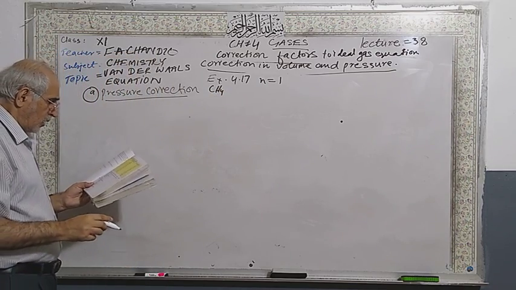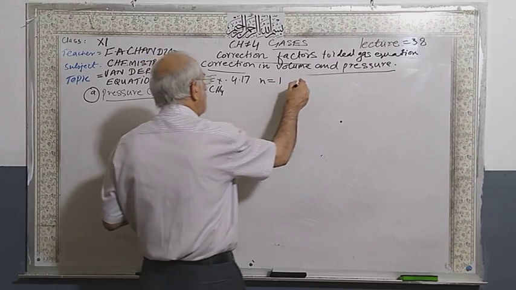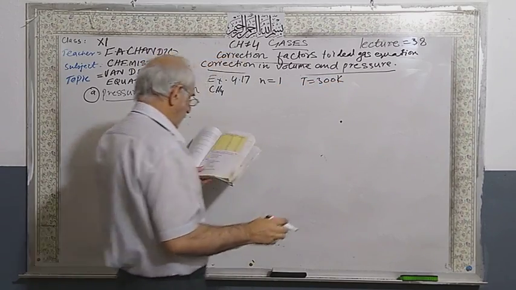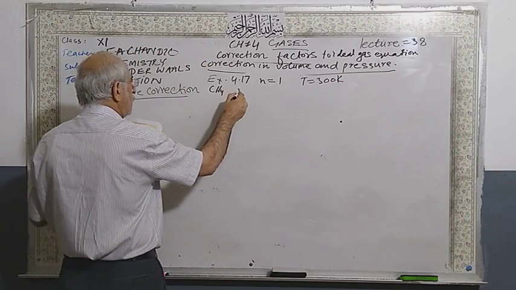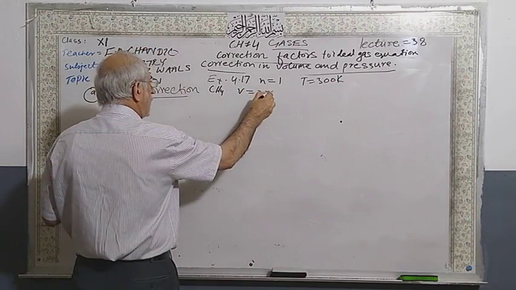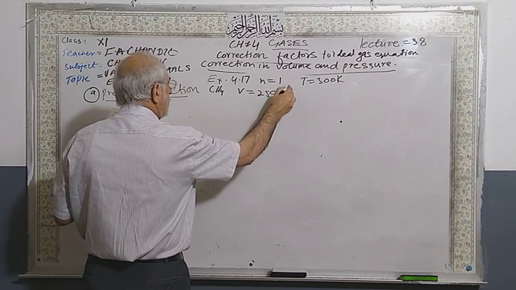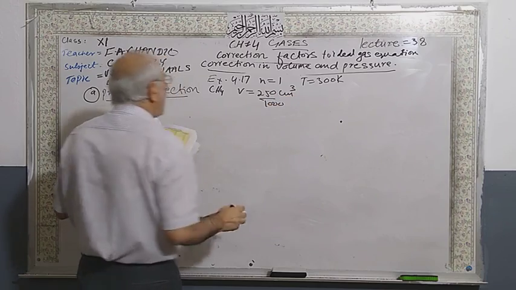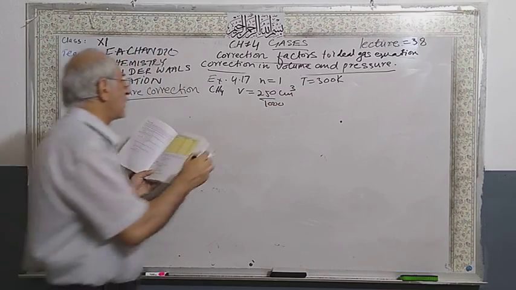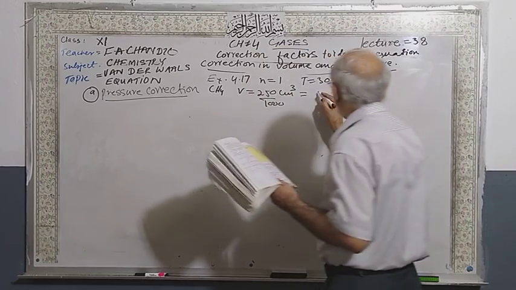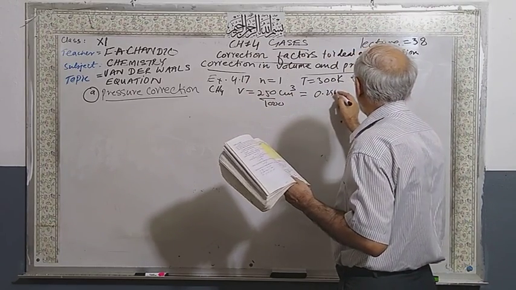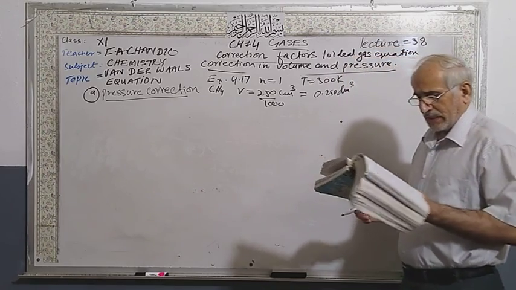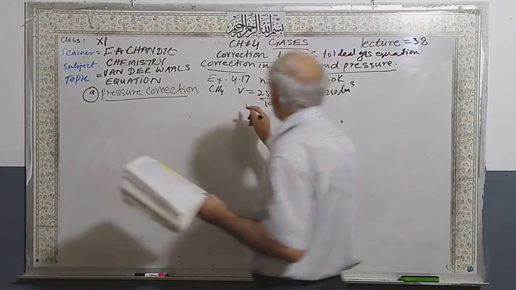Temperature T is equal to 300 Kelvin. The volume V is 250 centimeter cube, divided by 1000 you get decimeter cube, which will be equal to 0.250 decimeter cube. Calculate the pressure P.